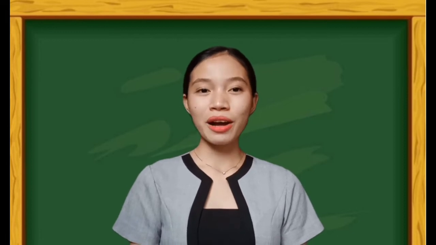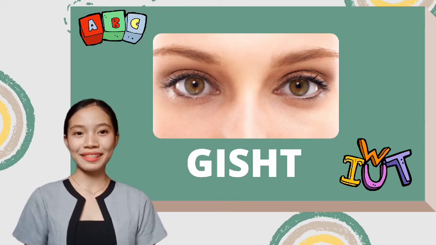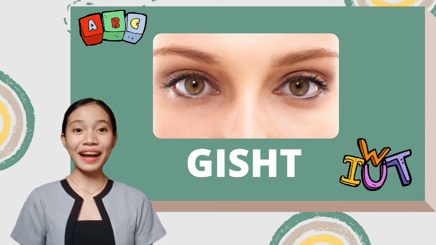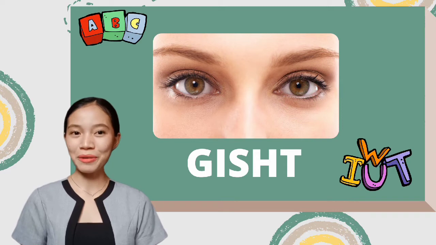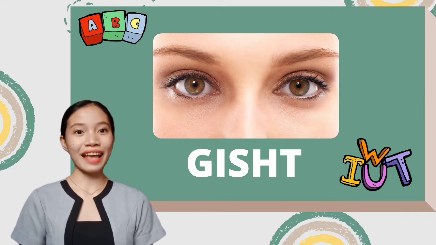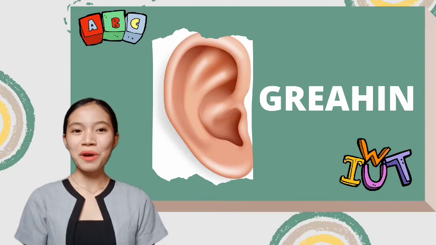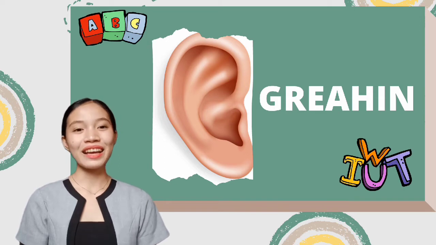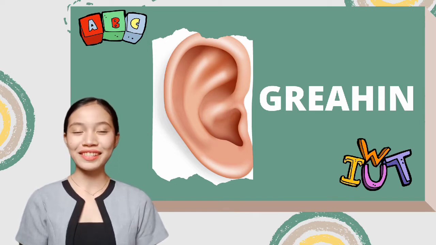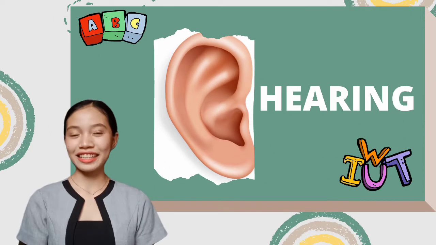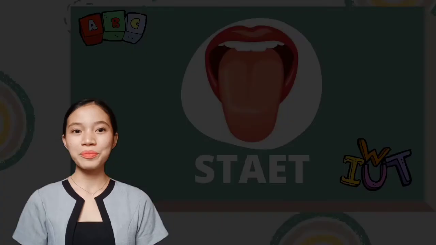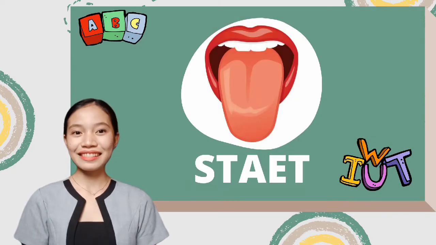So let's start. For number 1, what do you think it is? Yes? It is our eyes, and we are using our sense of sight. Next, we have this picture. What do you think it is? Yes, Miss City? Correct. It is our ears, and we are using our sense of hearing. For the third one, what do you think it is?